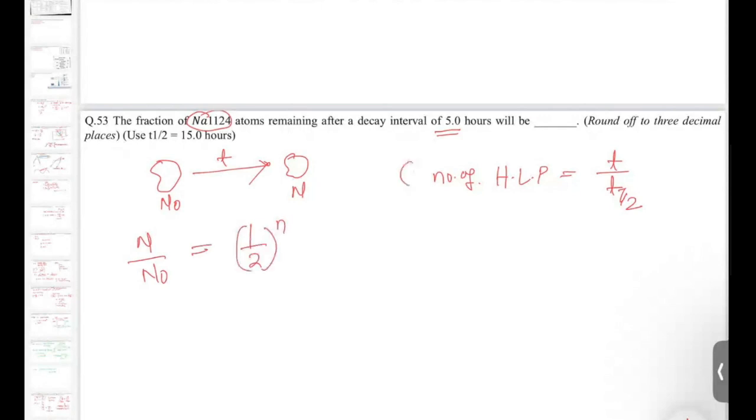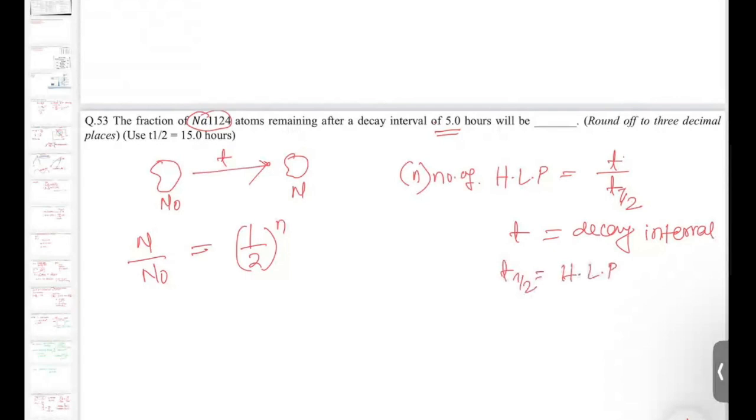These values are given: T is the decay interval, and T half is the half-life period. n is the number of half-life periods.